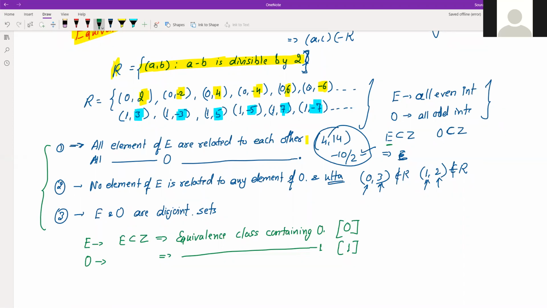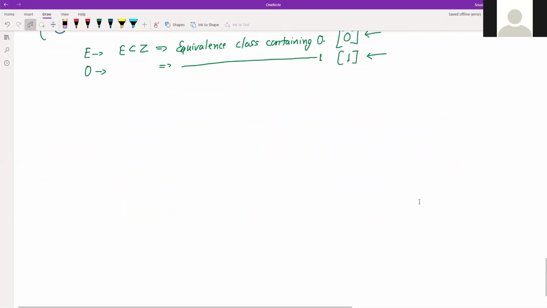And when they have three conditions or properties like this, the two sets are disjoint, no element of E is related to any element of the other set, then in such cases we say that we have found two equivalence classes, one containing 0 and another containing 1, and we represent it in this way. Okay, and what do we have?